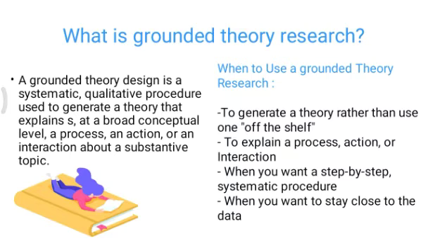And when to use grounded theory research: to generate a theory rather than use one off the shelf to explain a process, action, or interaction, when you want a step-by-step systematic procedure, and when you want to stay close to the data.